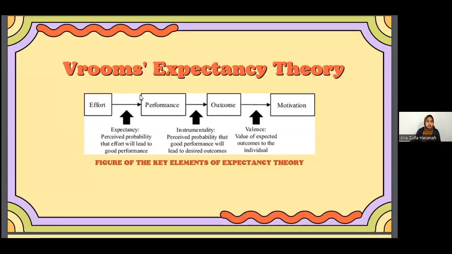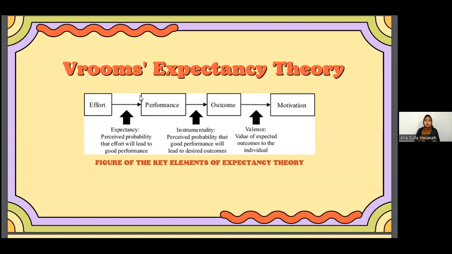Okay, next is Vroom's expectancy theory. There is the figure of the key elements of expectancy theory. Victor Vroom's expectancy theory is a psychological theory that explains how individuals make decisions about their motivation to pursue a particular goal and behavior.